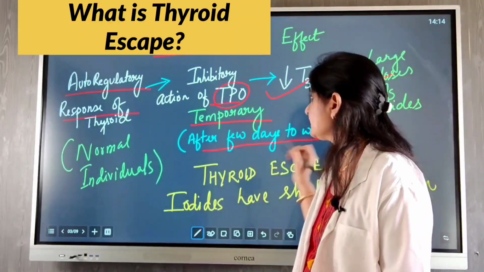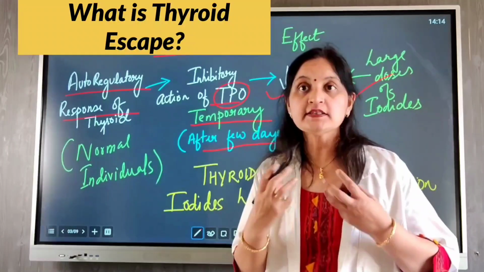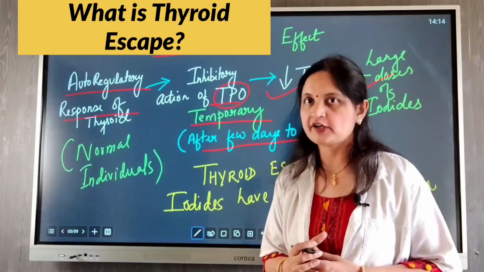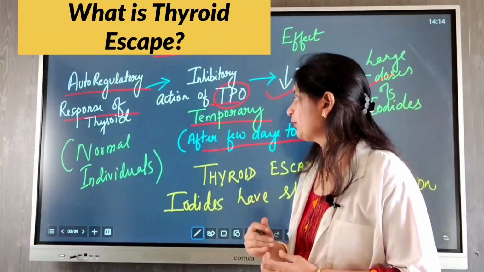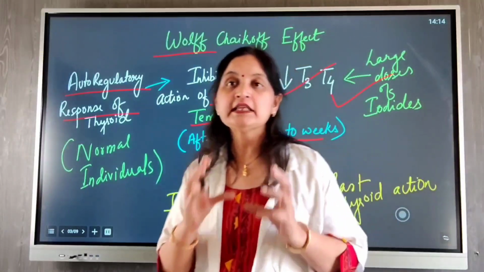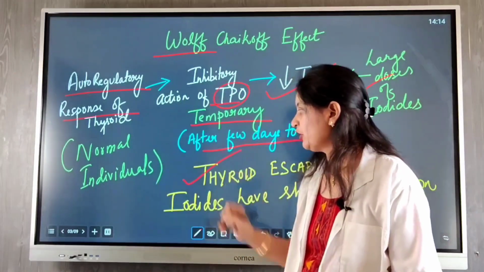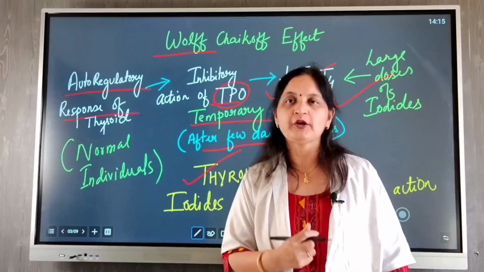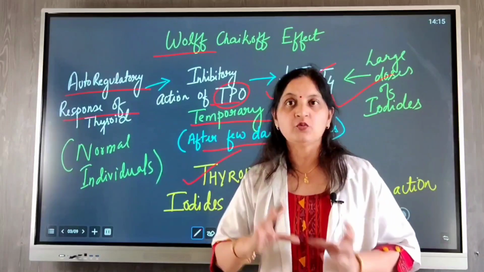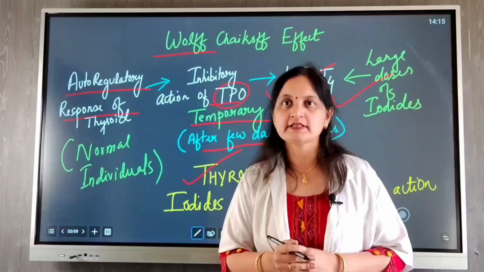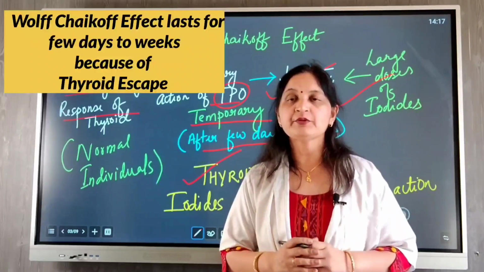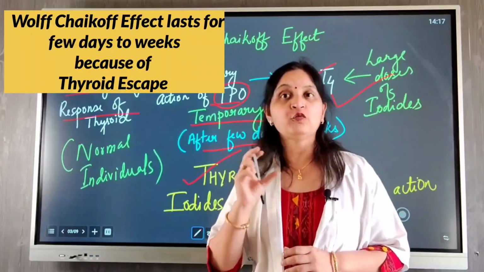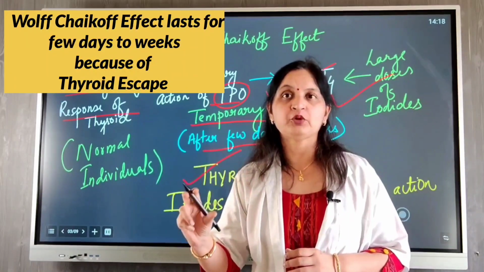After a few days to weeks, the thyroid peroxidase enzyme is reactivated and T3 and T4 production resumes, and this is known as thyroid escape. So the thyroid escapes from the inhibitory action on the enzyme, and thyroid hormone synthesis resumes. So the iodides produce antithyroid action through inhibition of release of thyroid hormone and through Wolff Chaikoff's effect that induces hypothyroidism.